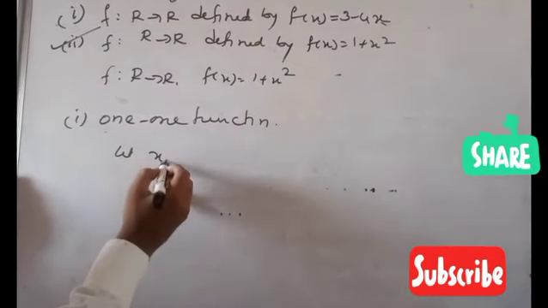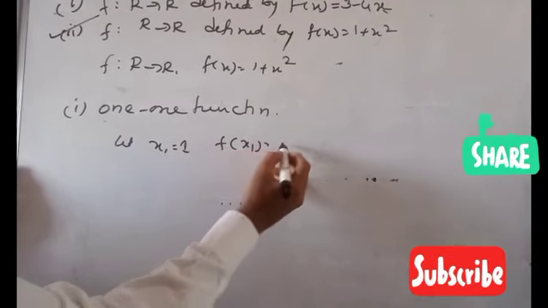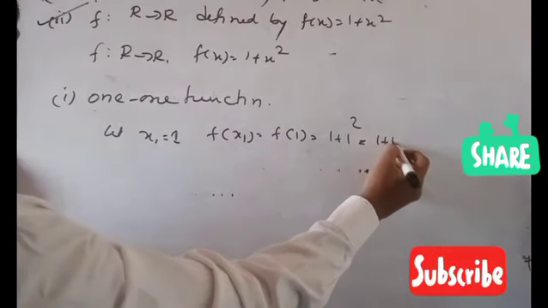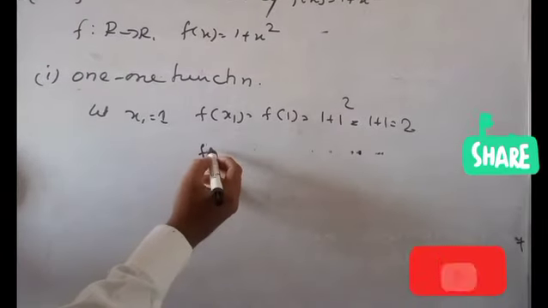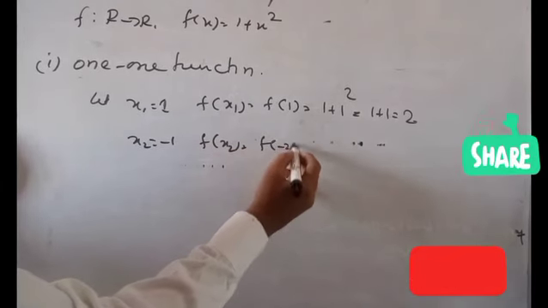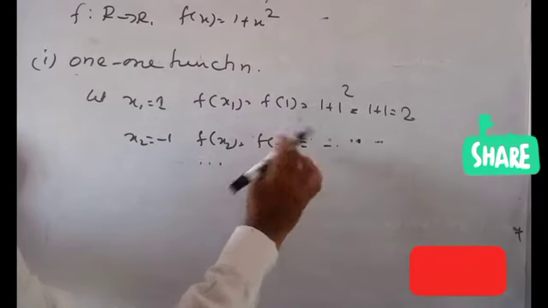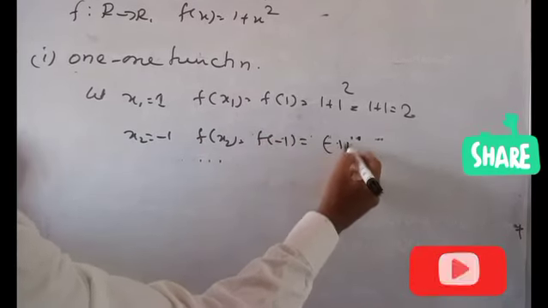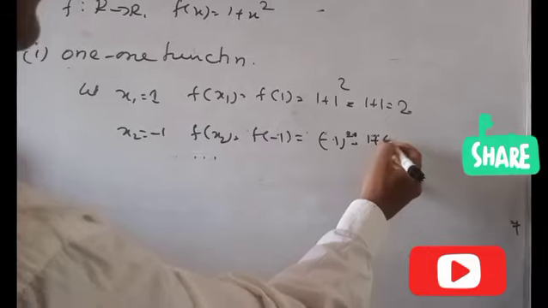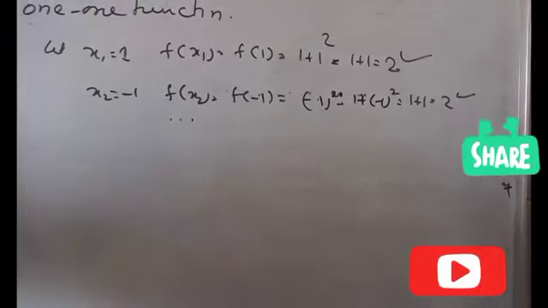Let x1 = 1. Then f(x1) = f(1) = 1 + 1² = 1 + 1 = 2. Let x2 = -1. Then f(x2) = f(-1) = 1 + (-1)² = 1 + 1 = 2. This is also equal to 2.